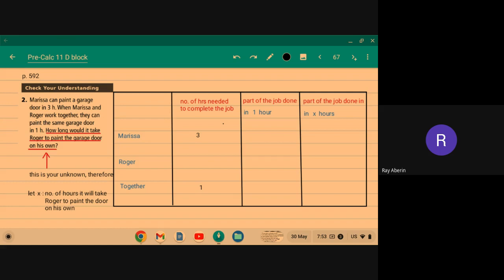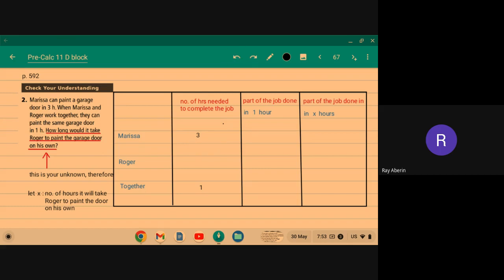What is the job? Painting the garage door. So you might be wondering, why is it a 3? Well, it says here Marissa can paint a garage door in 3 hours. Therefore, it will take her 3 hours to complete the job.